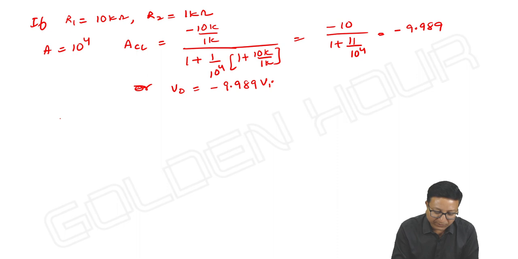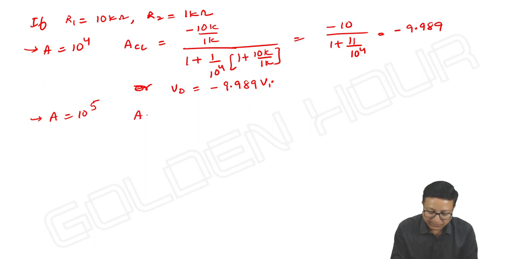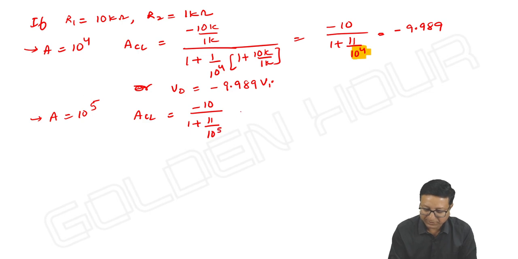And suppose A is equal to 10 power 5. Then what about the closed loop gain? Just substituting here, we can write minus 10 by 1 plus 11 by 10 power 5.